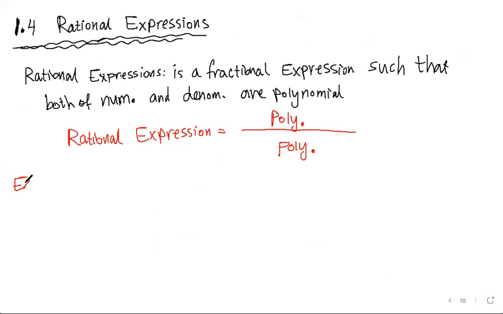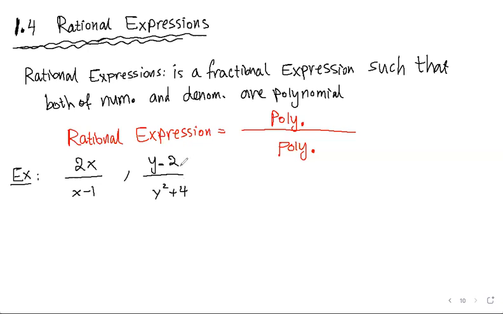Example of rational expressions: 2x over x minus 1. This is a rational expression. Why? Because the numerator and denominator are polynomials. What about something like that? y minus 2 over y squared plus 4.